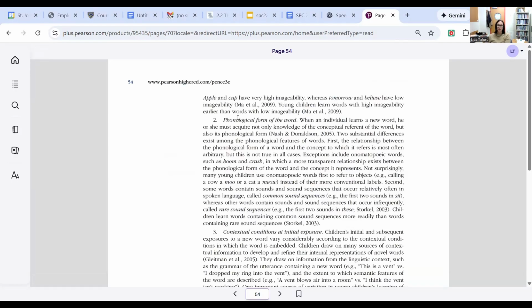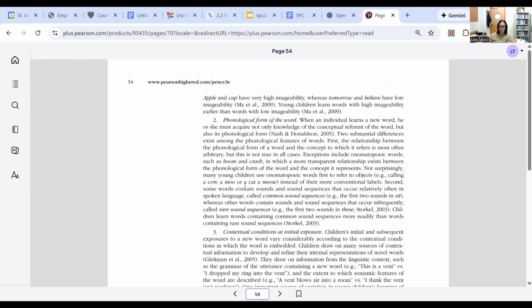The phonological form, or elements, also have to be acquired. So if the phonological features are very complex, those words aren't going to be acquired early on. The onomatopoeia words like boom, vroom, crash or moo are words where you see a real clear relationship between the word and what it represents.